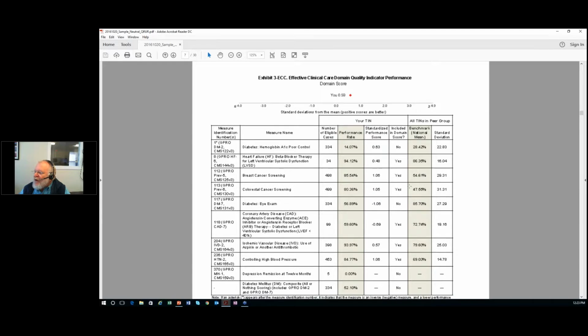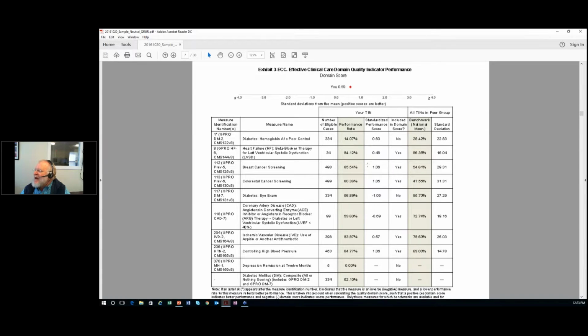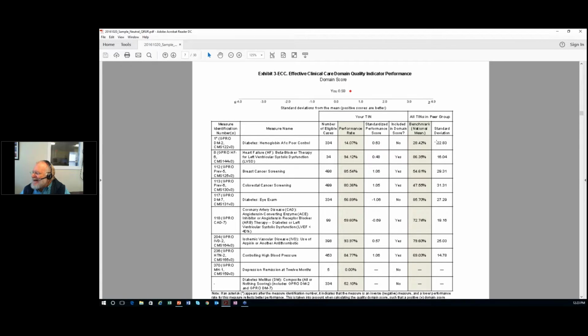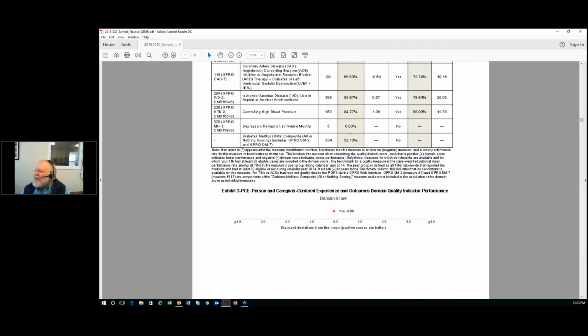So we've gone through all these measures that are in the effective clinical care. We've added them up. Mathematically, it's not going to work out exactly because the final score is going to be adjusted for risk, but it will be close. We move on to the next domain, person or caregiver centered experience.